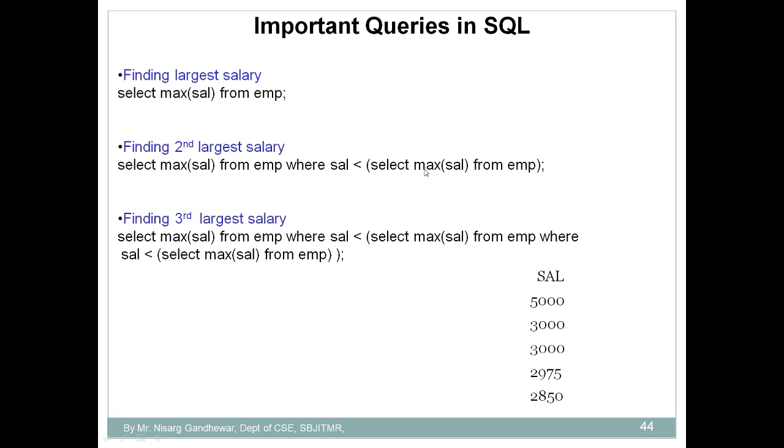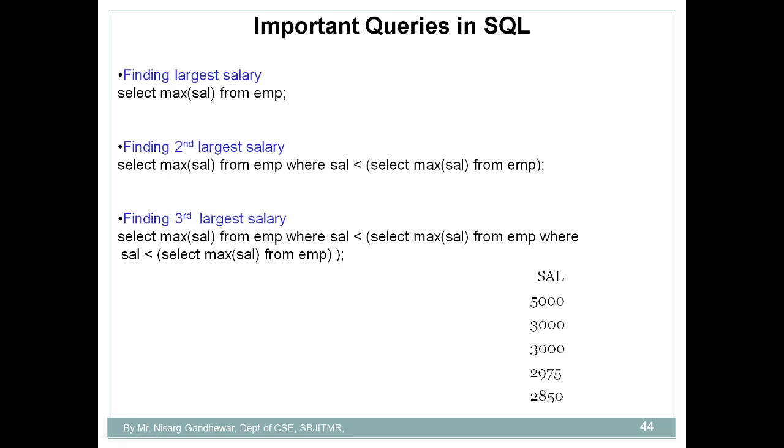First of all, the inner query will be executed, and it will return the highest salary. For example, in my table, the first highest salary is 5000 and the second highest salary is 3000. So the inner query will return the value 5000. Then in the outer query, we are comparing each and every salary present in the employee table.